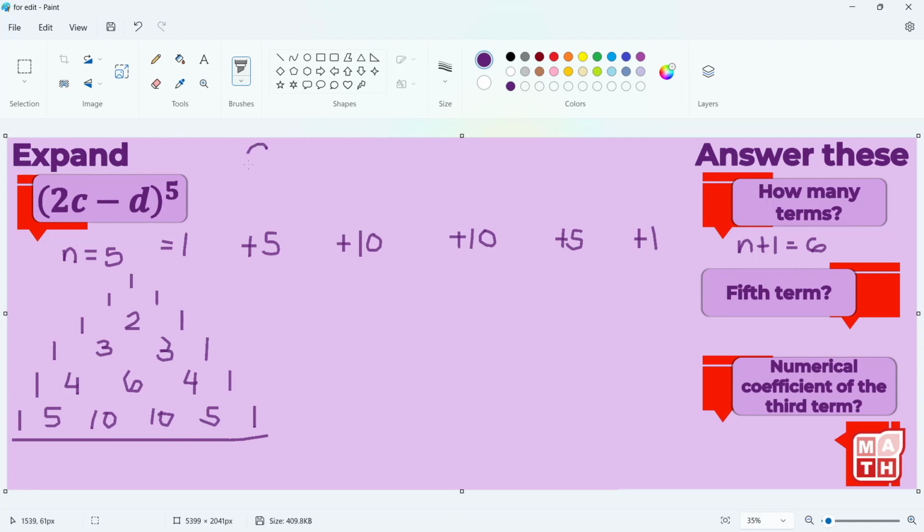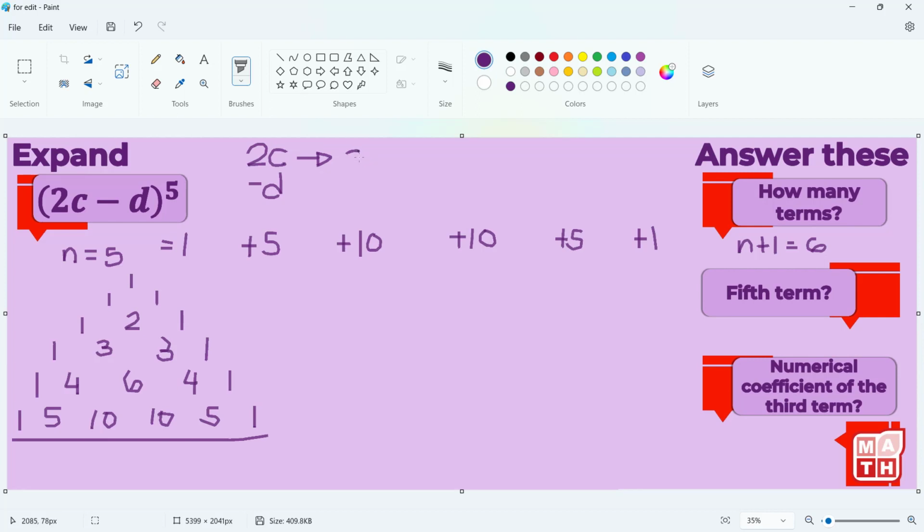Because if you have that, you have here your first term, and you have here your second term. Take note of our second term, we also included the negative sign. We will use the decreasing order of exponents for the first term.